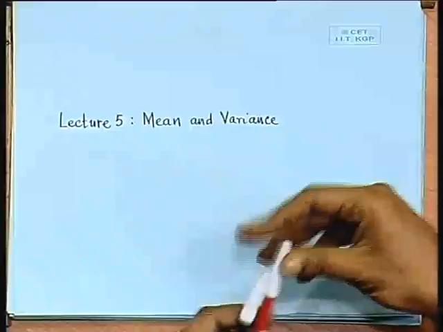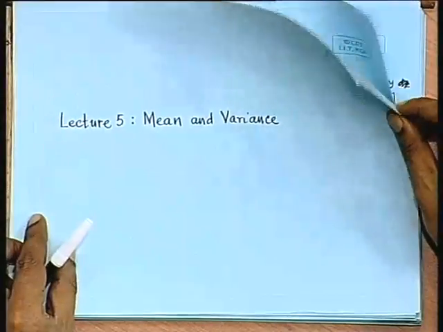These two quantities become very important numbers to characterize a single random variable, and we are going to talk about them today. They are called the mean and the variance. So lecture 5 is about the mean and the variance.